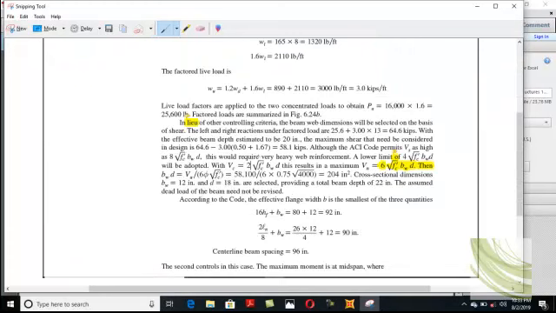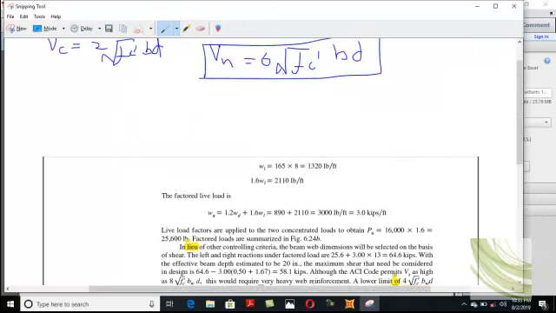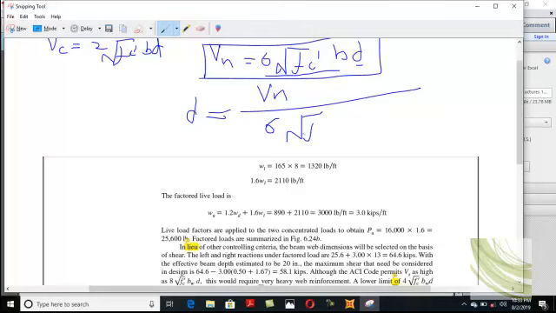So I think now you will understand where this term comes from. From this criteria they calculate your depth. How? Leaving the d at its place and shifting these terms to the left, we get d equals Vn divided by 6 square root of Fc prime into Bw.